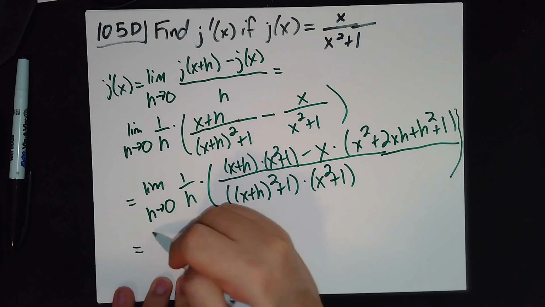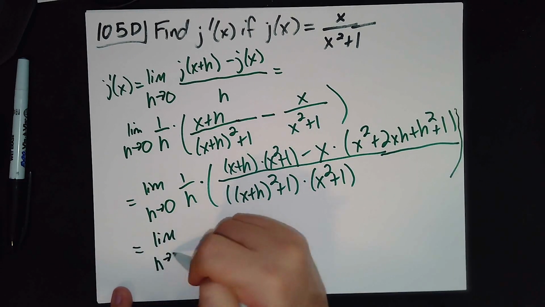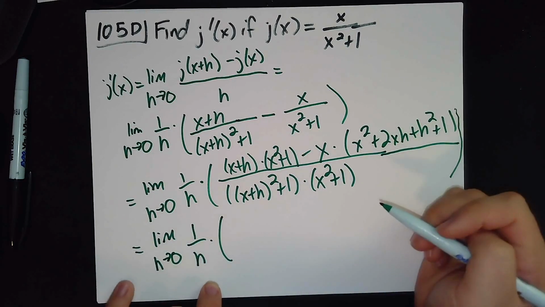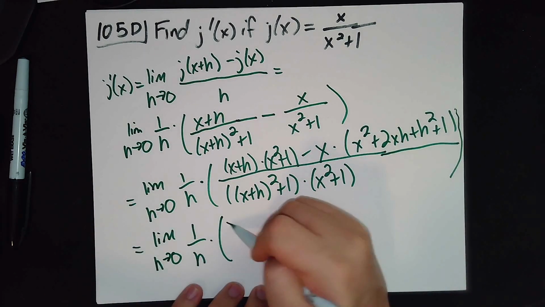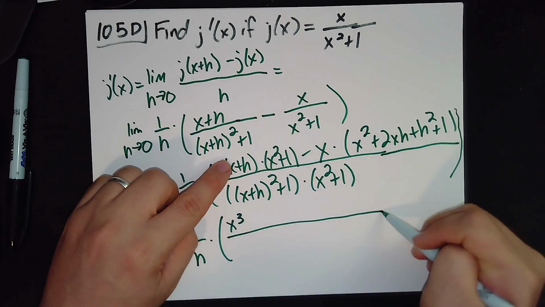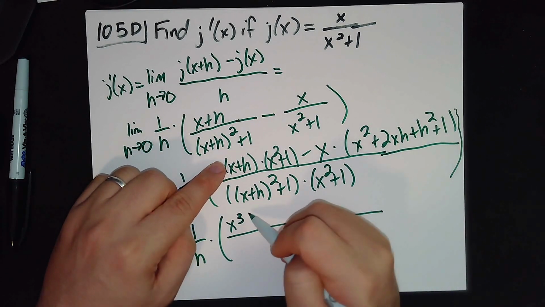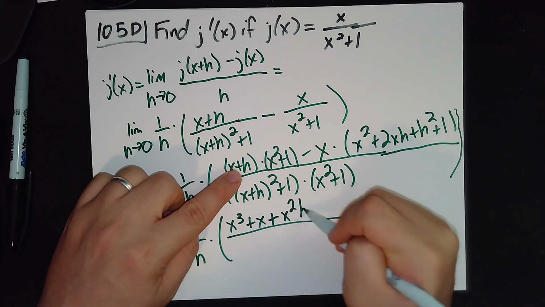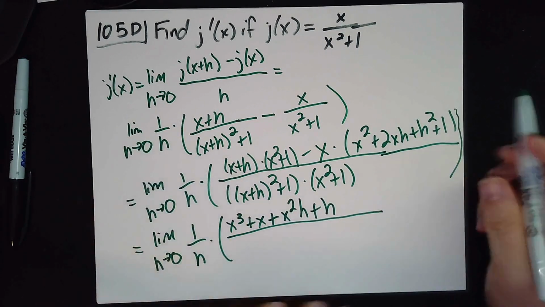Okay, so let's continue multiplying all of this out. I've got a 1 over h times here. So that'll be an x cubed plus x squared h plus h.